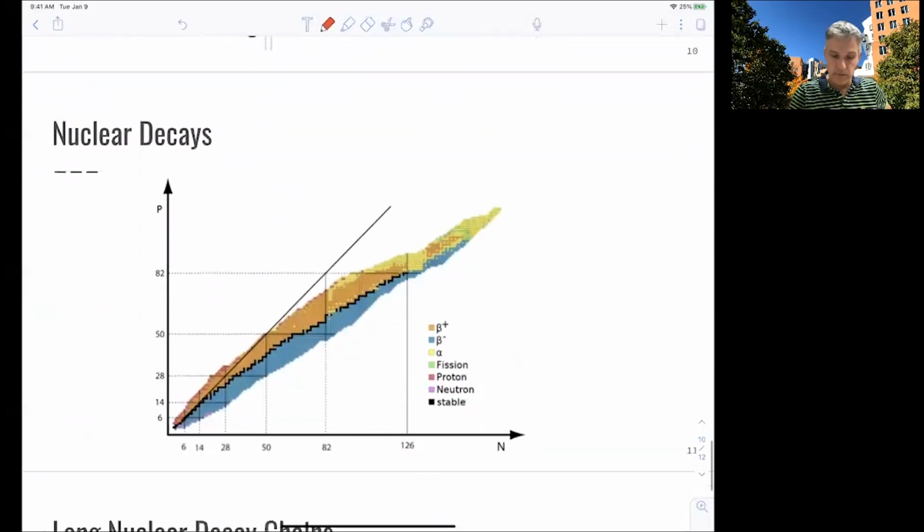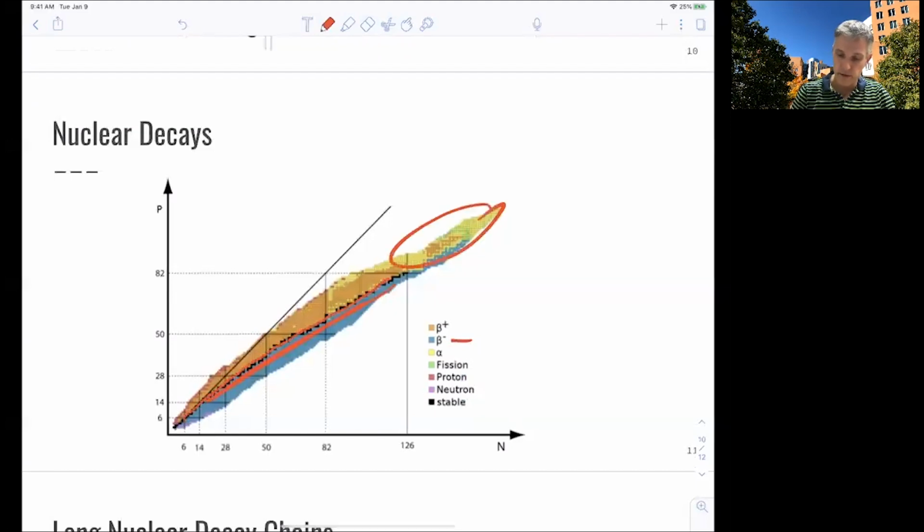All right, so we start to get some sort of understanding of nuclear decays. We find this valley of stability here. We find in a large range for lower numbers of Z, beta decays. For higher numbers of Z, we find beta plus decays.